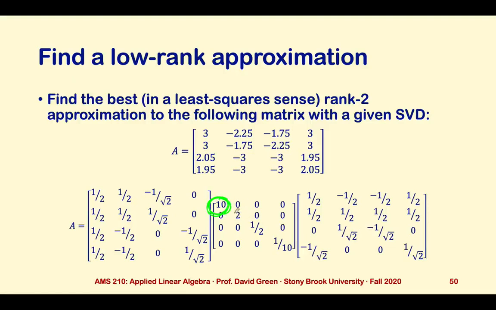The second is 4 times higher than the third. The third is 5 times higher than the fourth. So actually, this largest singular value is 100 times more important than the last in determining the matrix. This first singular value is 20 times more important than the third one.